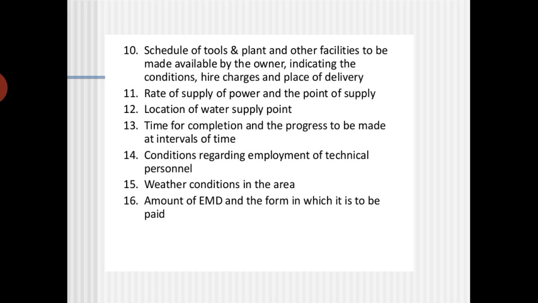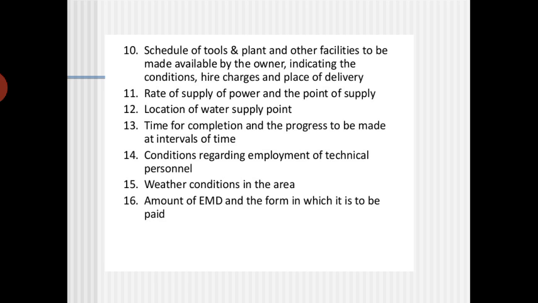The conditions mean, for example, if you have a machine, that is a concrete mixer, what condition it is in, how many years it has been serving, what company it is, that has to be furnished.